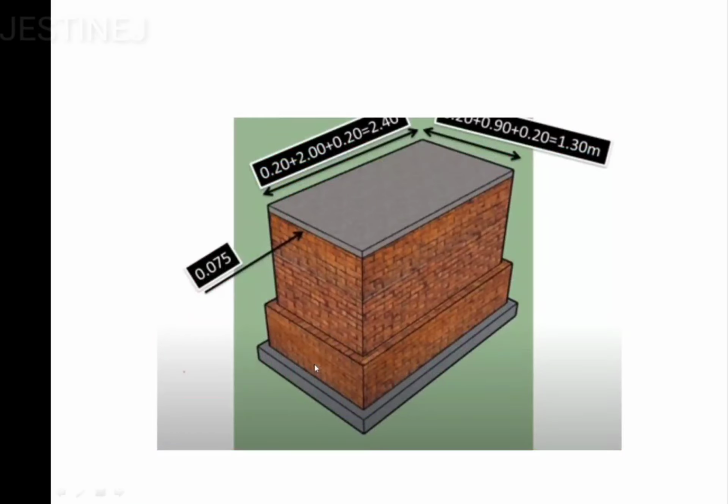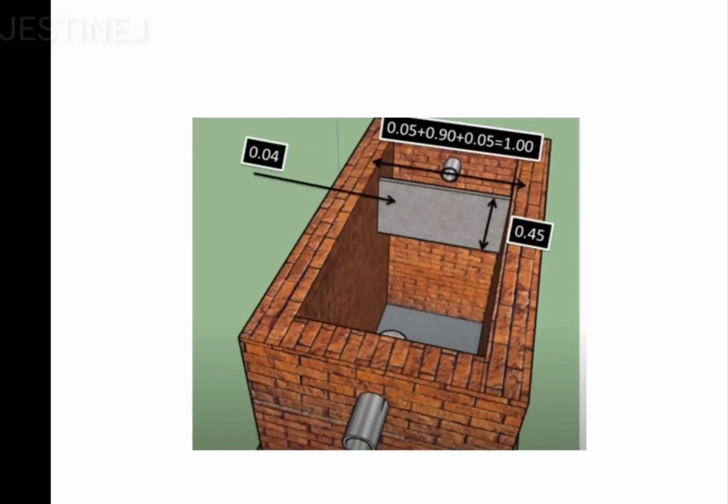From this three-dimensional diagram, you will get some more clarity regarding those values. The covering portion of the septic tank, that is thickness, is mentioned in the question, that is 7.5 centimeter. The length you will get 2.4, and the width is going to be 1.3. This is the baffle wall, height is going to be 30 plus 15 mentioned in the question, that is 45 centimeter.